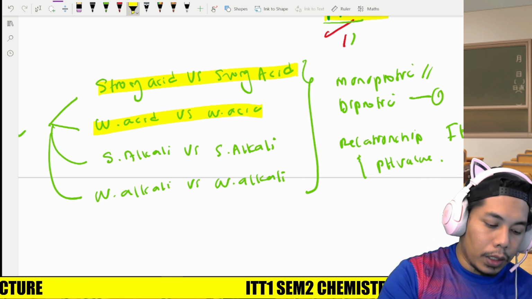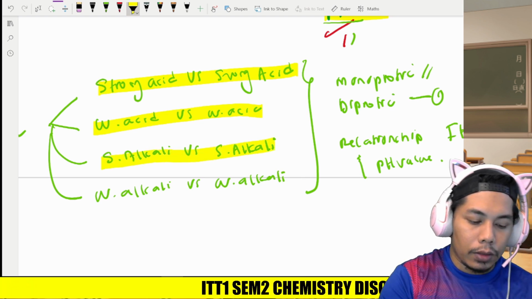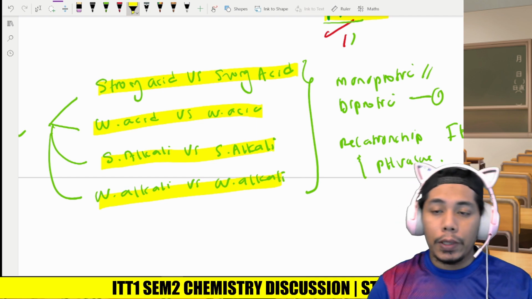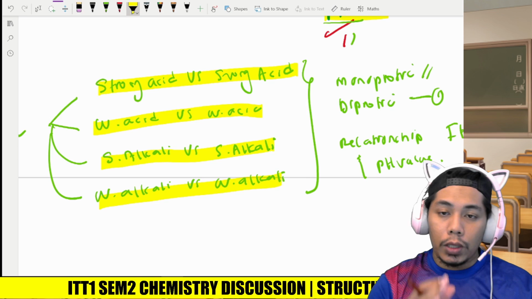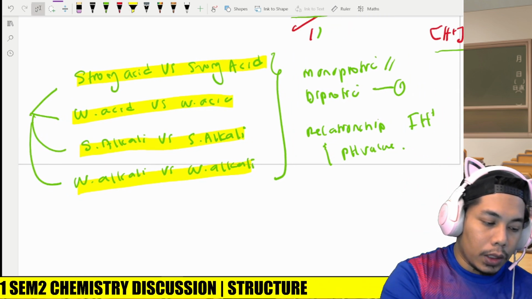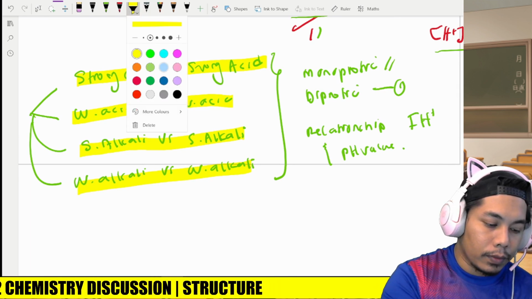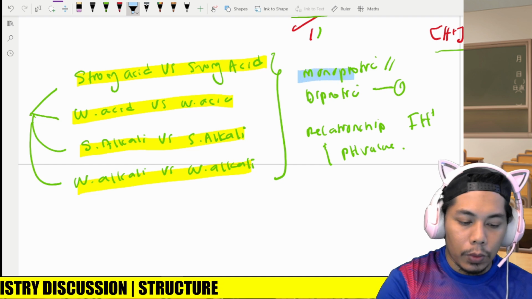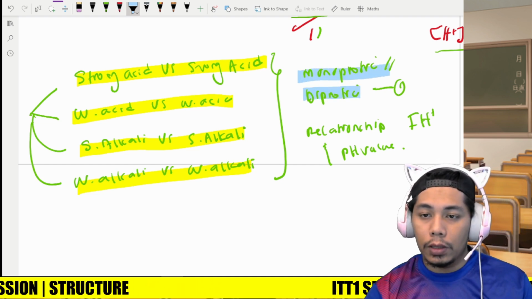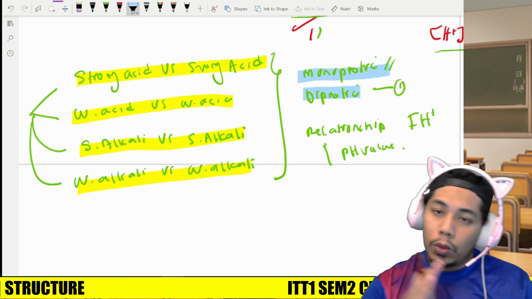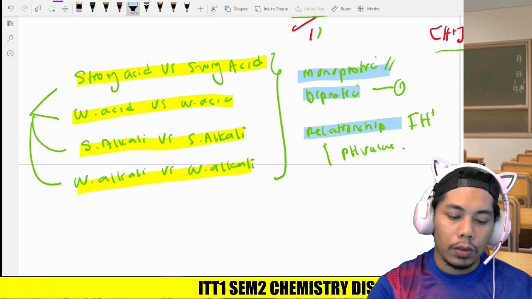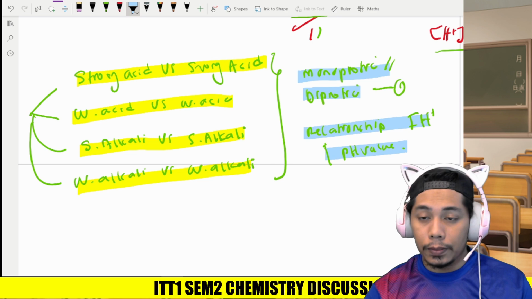Satu lagi weak alkali, strong alkali and strong alkali, ataupun weak alkali dengan weak alkali. Macam mana nak explain? Okay. Kalau soalan yang macam ni, barulah kamu cerita pasal asid yang mana satukah monoprotik dan asid yang mana satukah diprotik. Nampak dapat satu markah. Okey, yang mana satu monoprotik, yang mana satu diprotik. Yang kedua sama, cerita pasal relationship of concentration hydrogen ion.